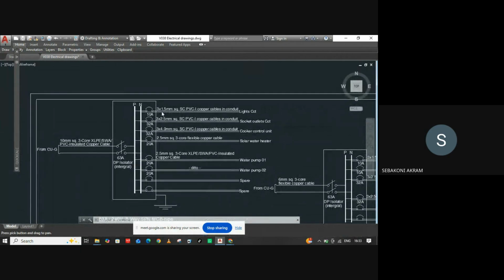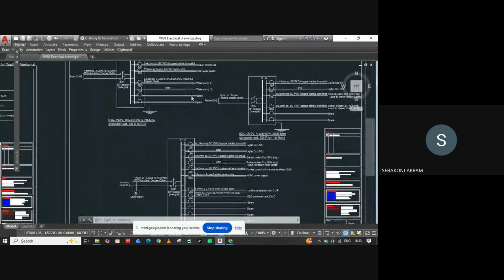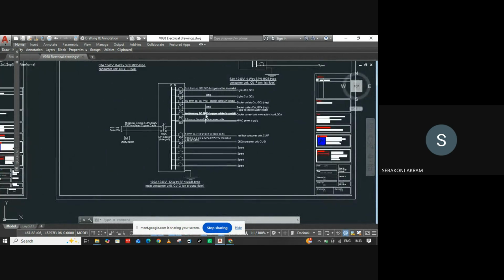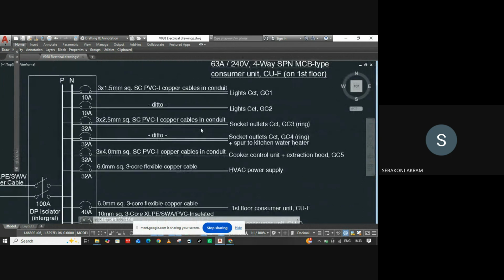So you can see this wiring schematic here. I told you we're going to learn how to do circuits too. You've put your sockets, you've put your lighting. Now you really have to put them into different circuits.